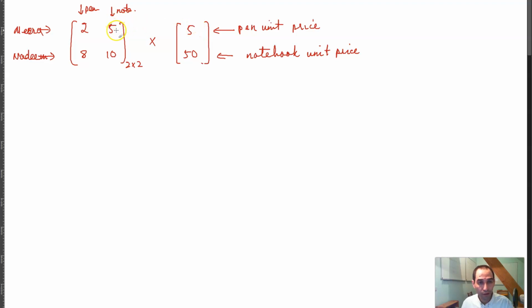If I have the number of notebooks here, there has to be the notebook unit price so that I can multiply them together. If they're not there, I wouldn't simply know what to do.